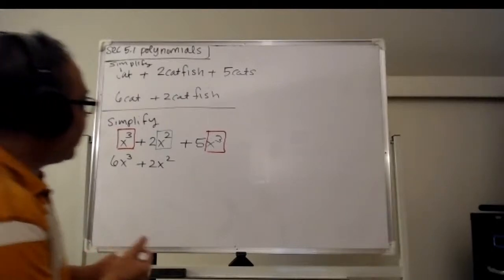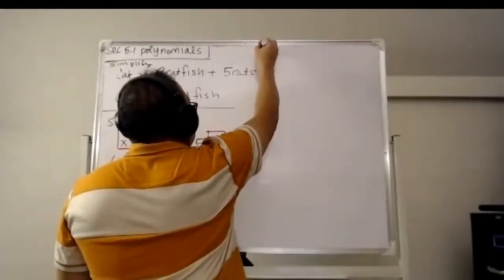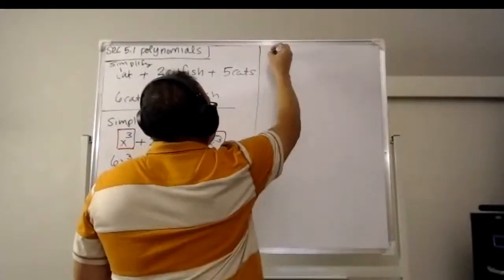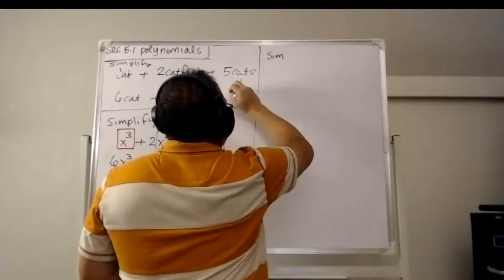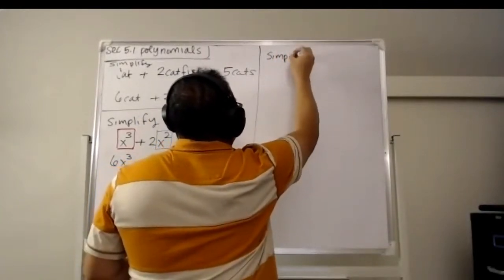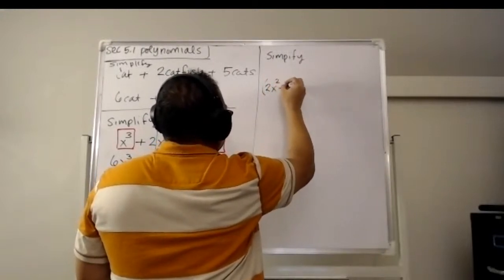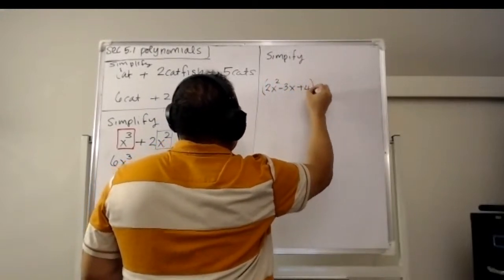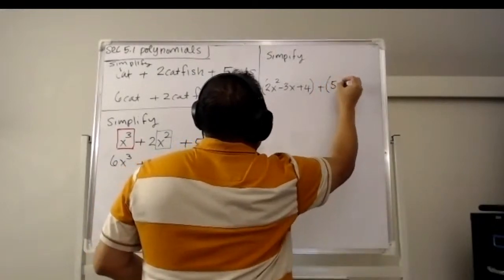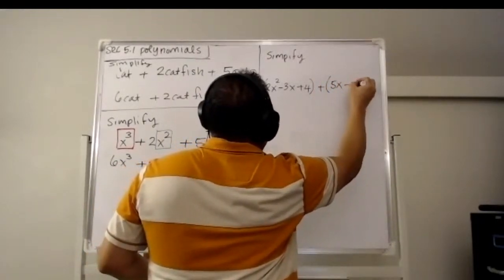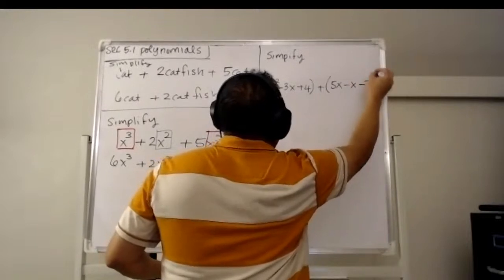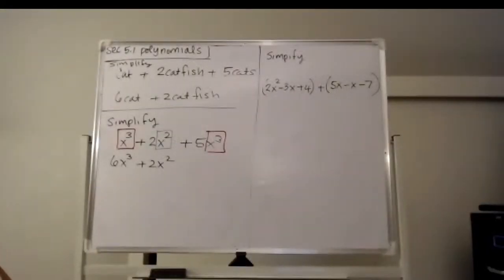Now, there are 2 ways in which the homework is going to ask you this question. They'll first ask you like this, and then they'll ask you something like this. Oh, and let me make this a square.